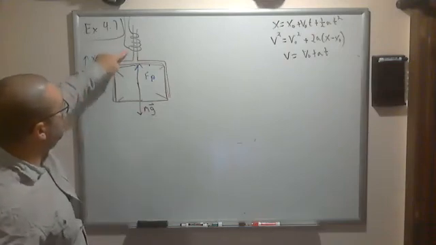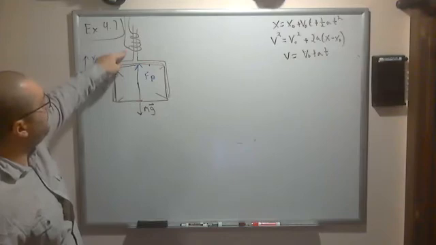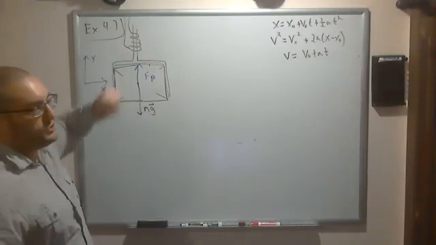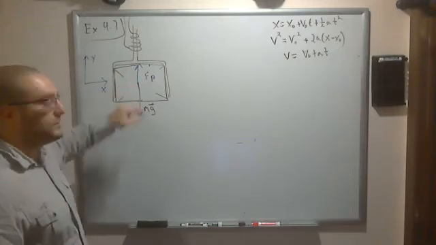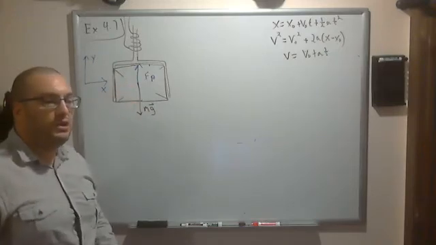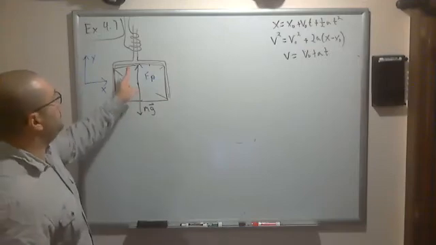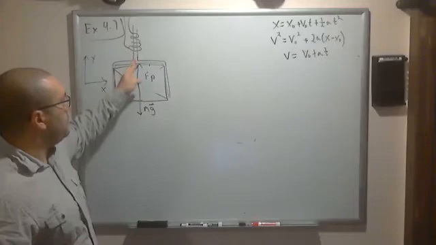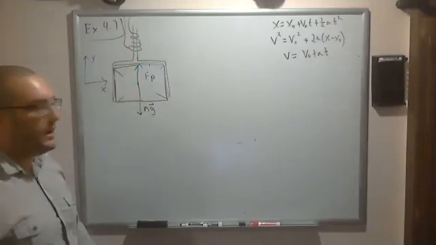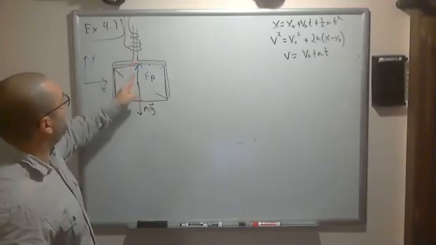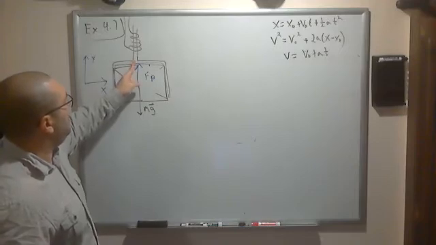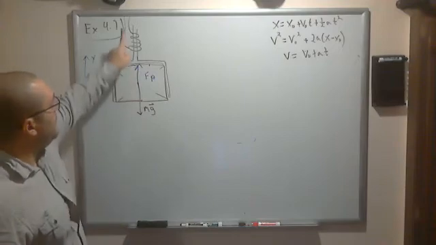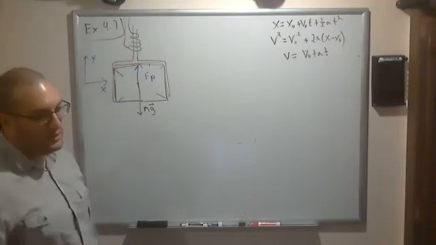This rope or string connects the force exerted by my hand to the box. This tension force is always along the direction of the rope at the point where it leaves the object. So here, the tension force on the box is going upwards, because that's where the rope is connected.